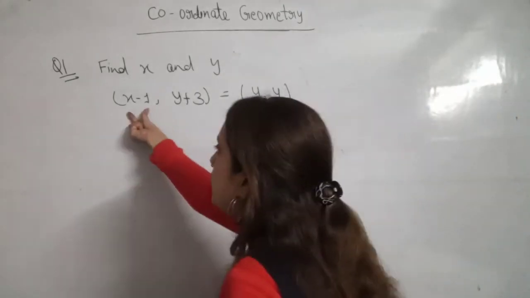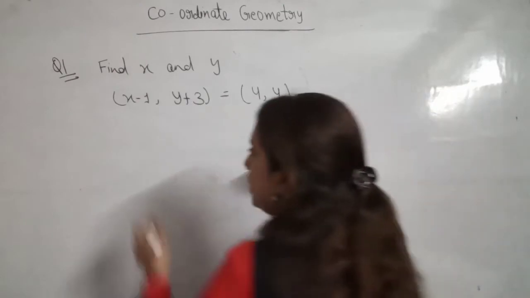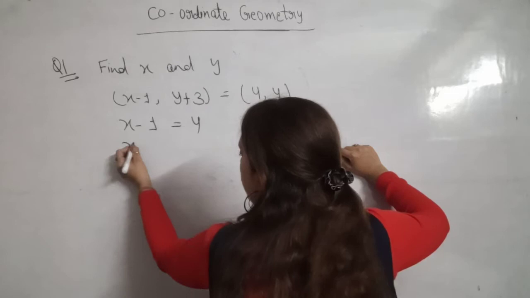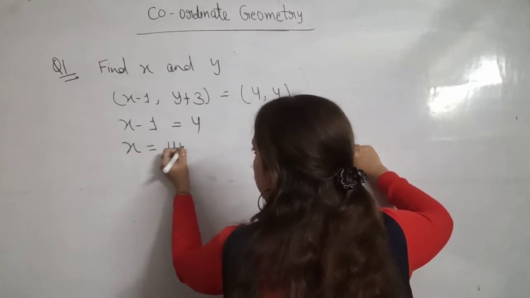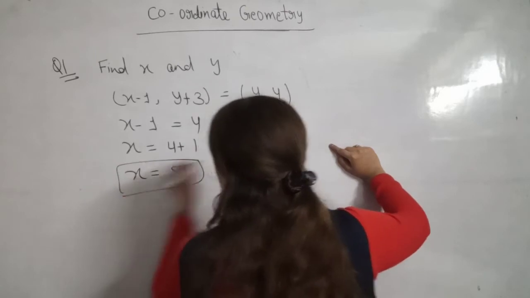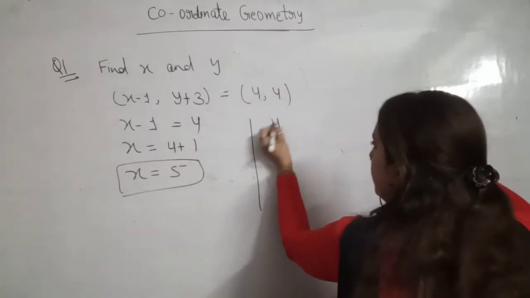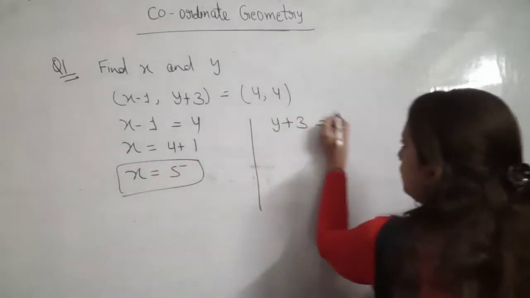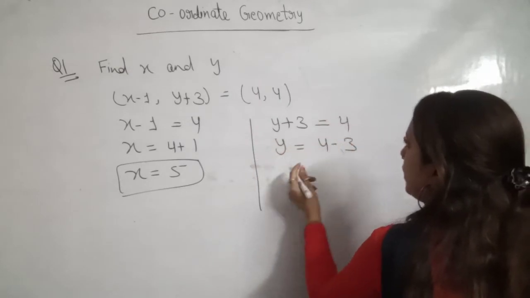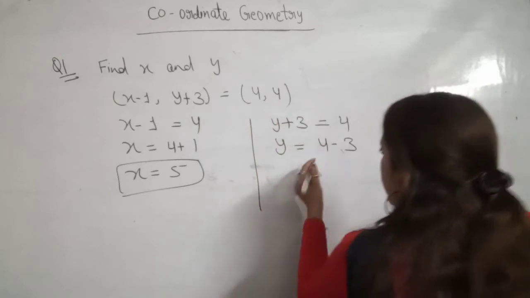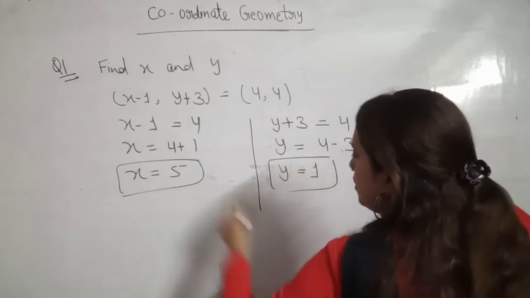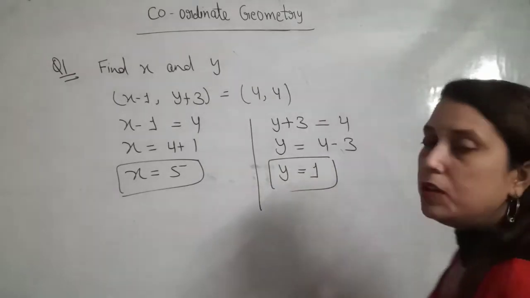So the corresponding components will be equal. x minus 1 is equal to 4, so x will be 4 plus 1, x is equal to 5. For y plus 3 is equal to 4, y is equal to 4 minus 3, y is equal to 1. So the value of x is equal to 5, y is equal to 1.